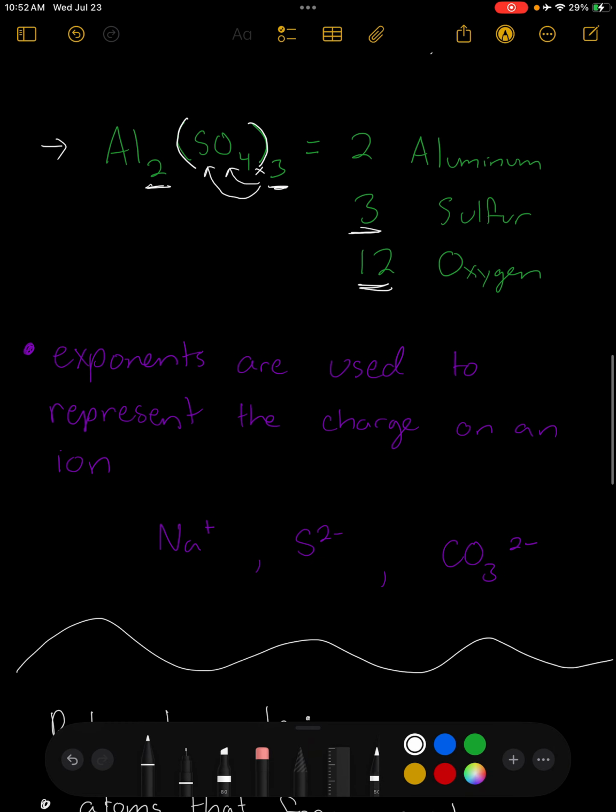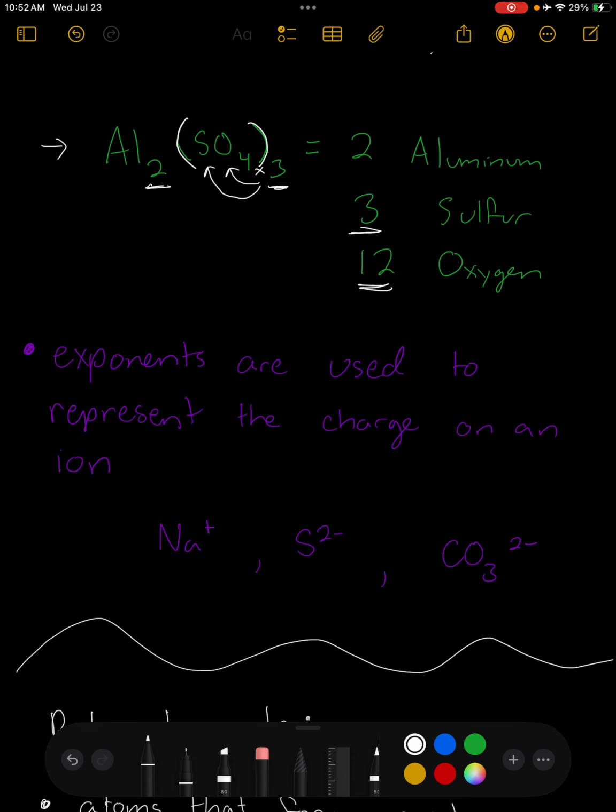If you see an exponent within a chemical formula, those are going to be used specifically to represent the charge on an ion. So once again, you know that atoms or compounds can be neutral or they can have a charge. If a compound is neutral, you will not see an exponent.